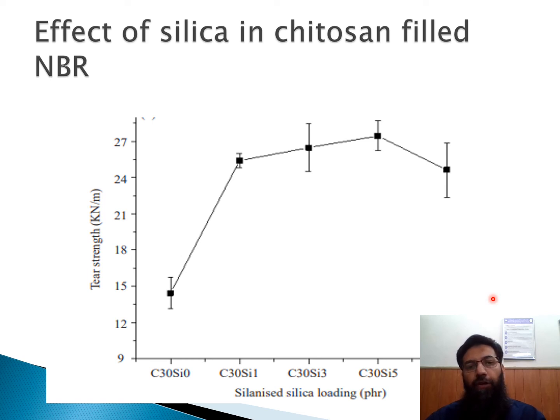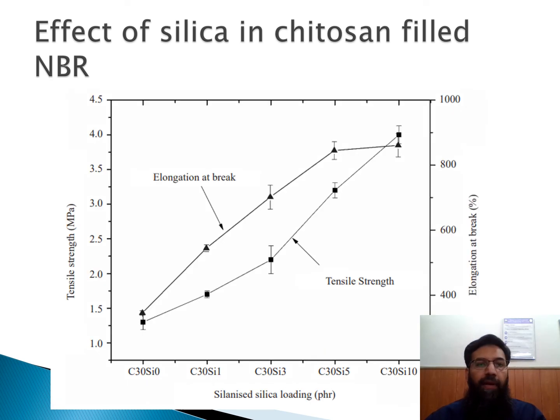So we can see that in the acrylonitrile butadiene rubber, where we have added the chitosan as our biofiller, if we add the silica, we can get better properties as compared to only the chitosan, which is present at the loading of 30 PHR. Similarly, the other properties, just like the tensile strength and the elongation at break, also increase with the increase in the loading of the silica.